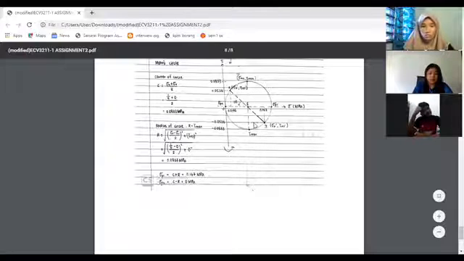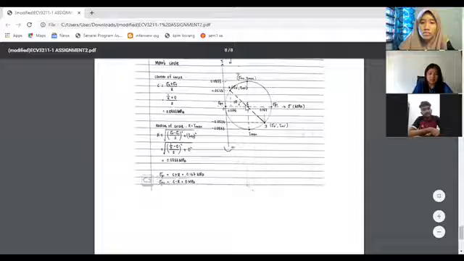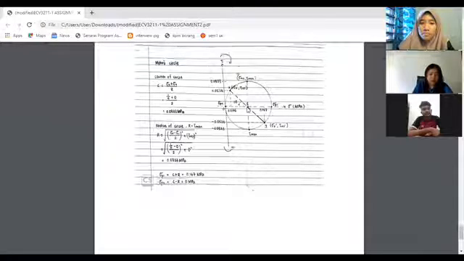Okay, the sigma x is positive, so the point is plotted on the right side of the tau axis. Since the tau xy arrow tends to rotate the stress element clockwise, the point is above the sigma axis. Then we just label the x point and y point.